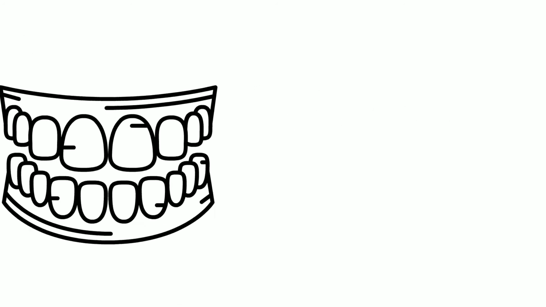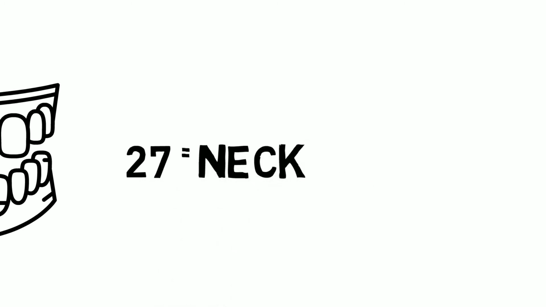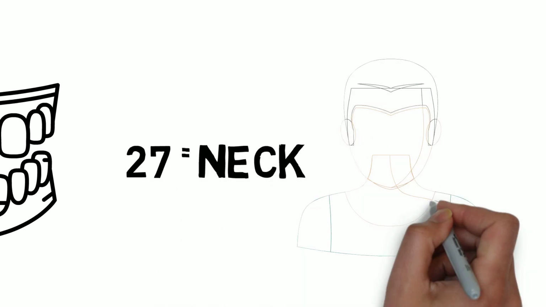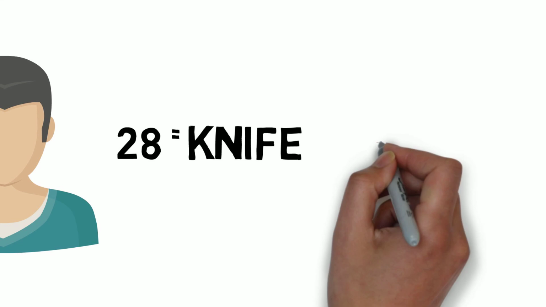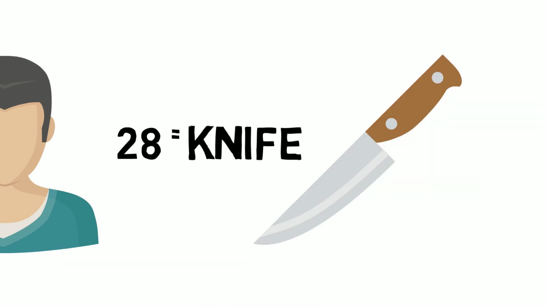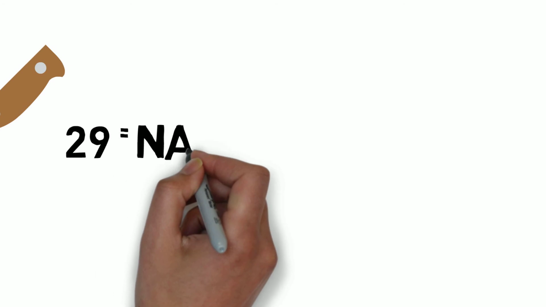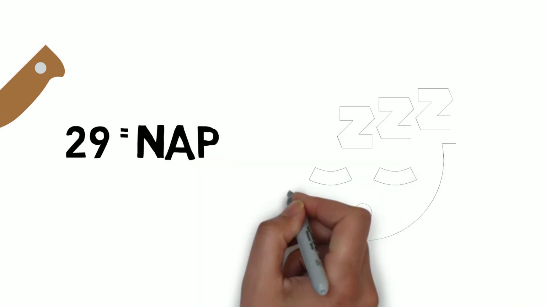As for 27, my favorite peg word is neck. I simply picture my own neck for 27. With 28, I use knife as my peg word of choice. I imagine myself holding a sharp knife whenever I see 28. And finally, for number 29, I visualize myself having an oddly satisfying nap.